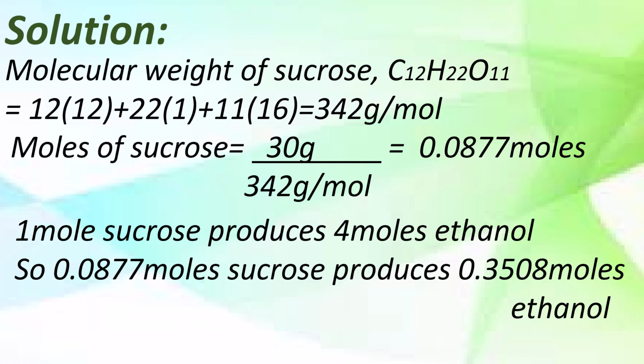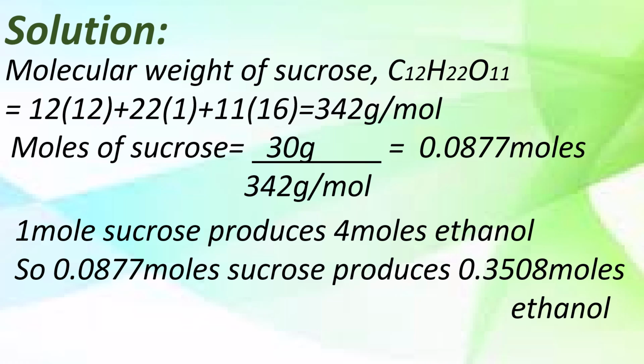Now we will calculate moles of sucrose. 30 gram, as already given in the example, divided by 342 gram per mole, the molecular weight of sucrose. After solving, moles of sucrose is calculated to be 0.0877 moles. 1 mole sucrose produces 4 moles ethanol. How is it?